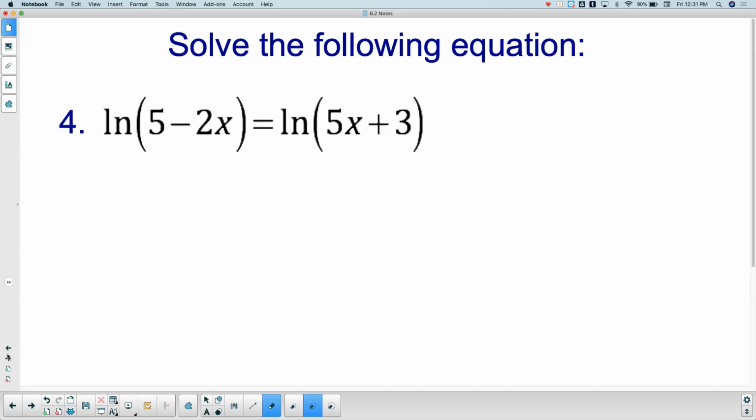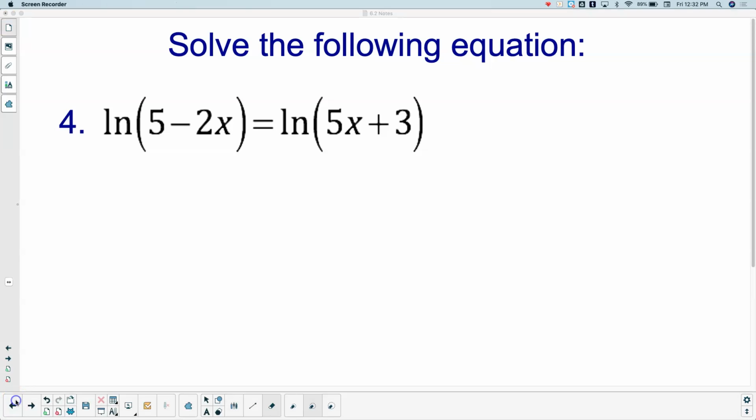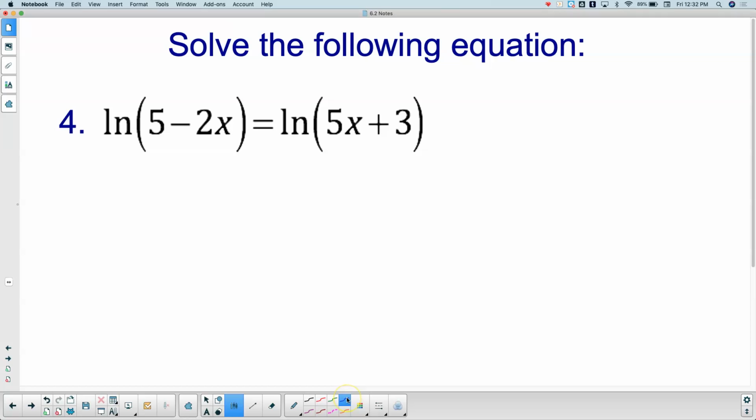Go for it. So 5 minus 2x has to equal 5x plus 3.